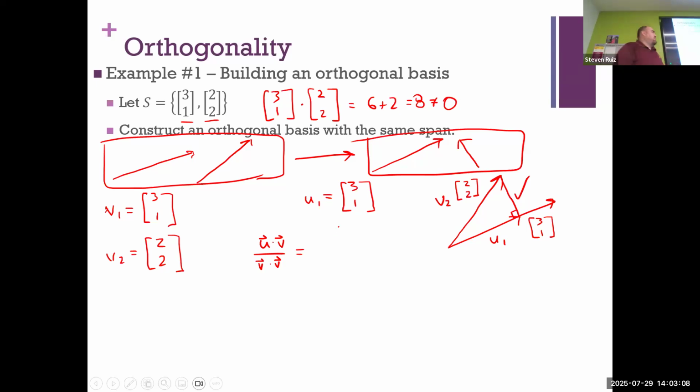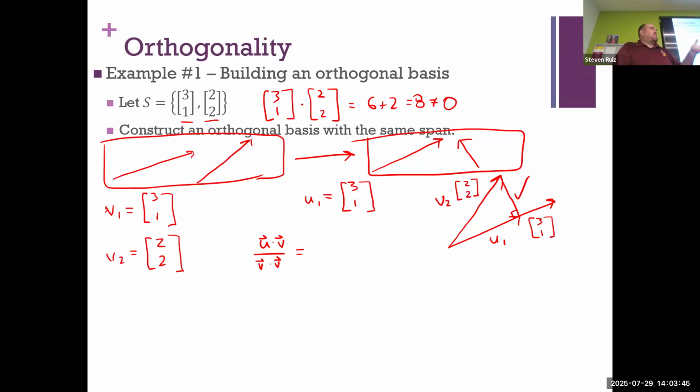I don't need to do V1. This process that we're building up, basically I'm trying to get from S, which is just a generic basis with no orthogonal characteristic to it, a basis that does two things. It spans the exact same subspace, but its vectors are orthogonal. For simplicity's sake, my new vector 1 is identical to the old vector 1.